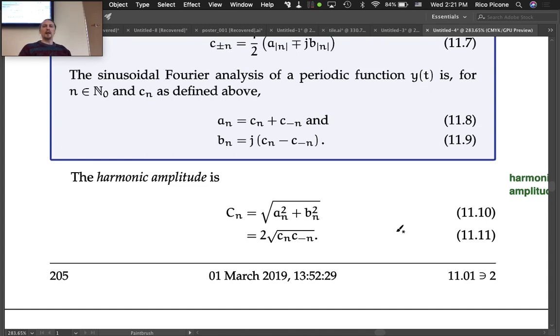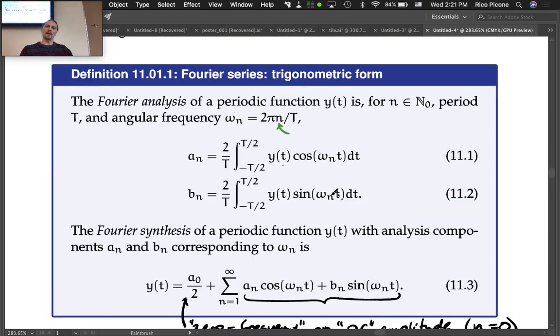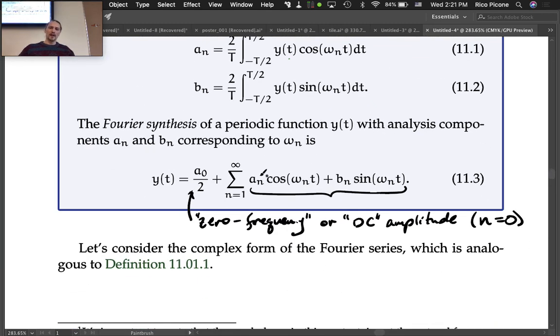The harmonic amplitude is this. So we use big C here. Big C sub n is equal to the square root of a_n squared plus b_n squared. So that's the trig form, if we have the trig form of the components. And that is just the amplitude of the single sinusoid. If you were going to combine your cosine and your sine together, which you can do, there's a trig identity that lets you do that, the single sinusoid that would result would have amplitude square root of a_n squared plus b_n squared.